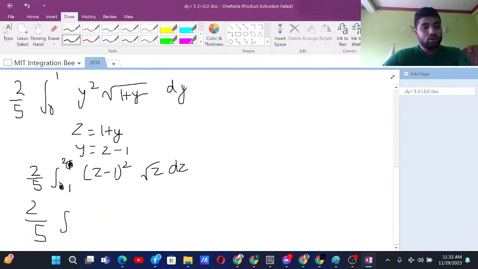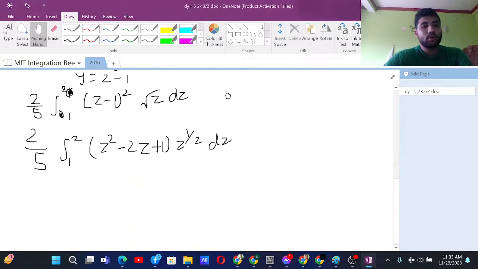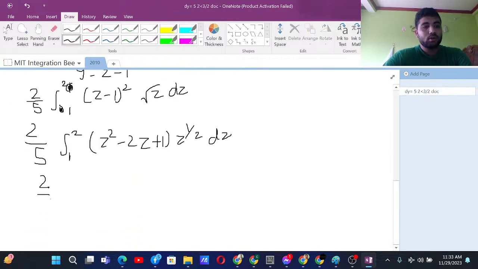Now from 1 to 2, and this will be z square minus 2z plus 1, and z to the power 1 by 2 dz. After this, we will have 2 by 5 integral from 1 to 2, z to the power 5 by 2 minus 2 z to the power 3 by 2 plus z to the power 1 by 2 dz.